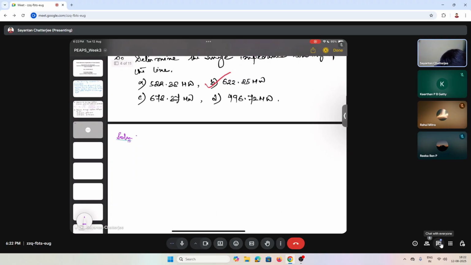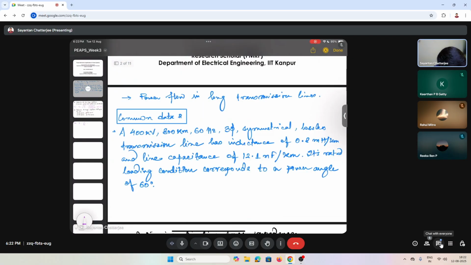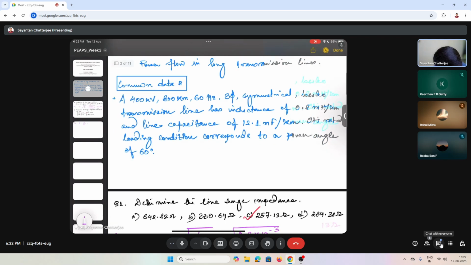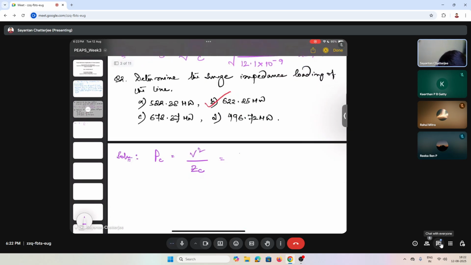ZC is from there we are getting, and already the voltage is known. This voltage is given as 400 kV.